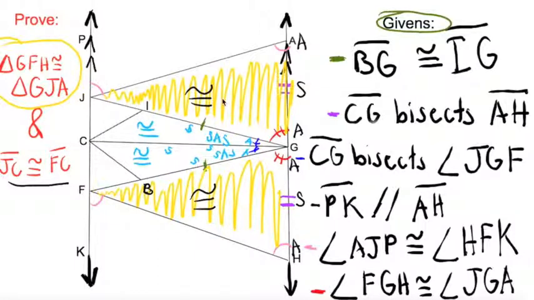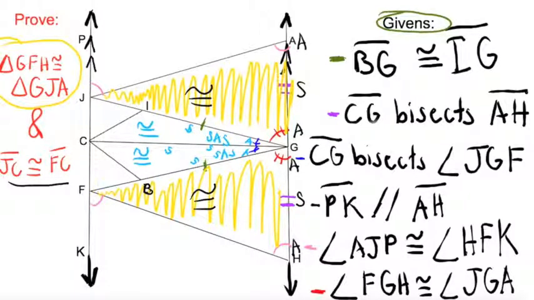Now that we have proven that these two triangles are congruent, we can finally try to prove that line JC and line FC are congruent. To figure this out, we will need to use the bigger triangles we proved congruent earlier and the ones that we just used now. As you can see, the lines that are marked in green are congruent to each other.